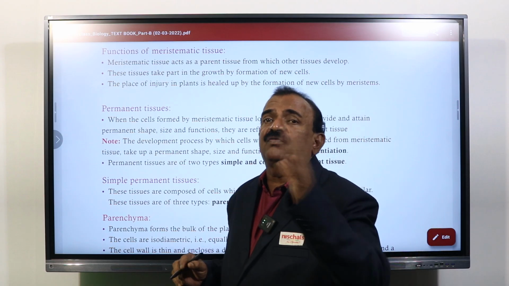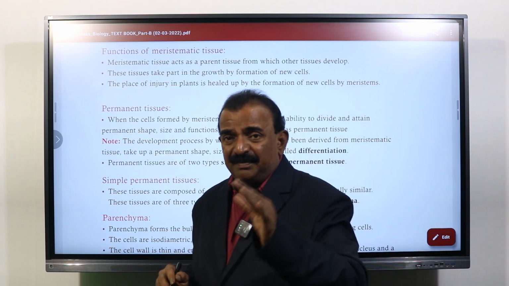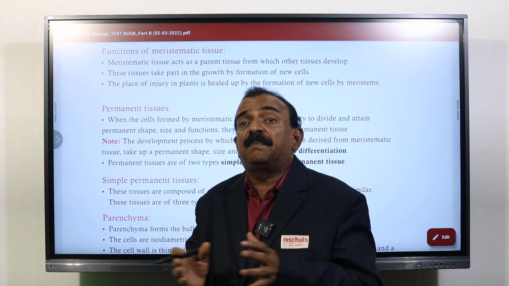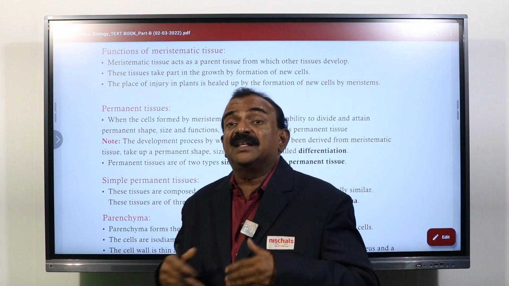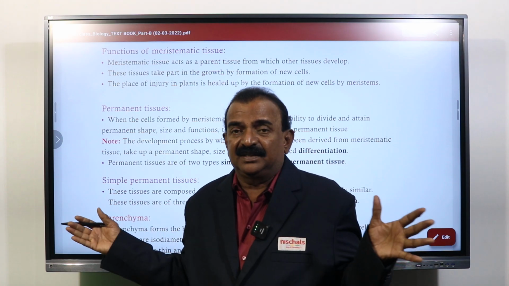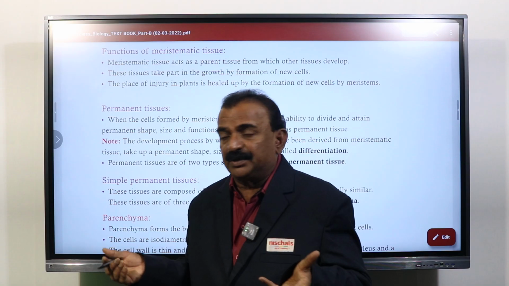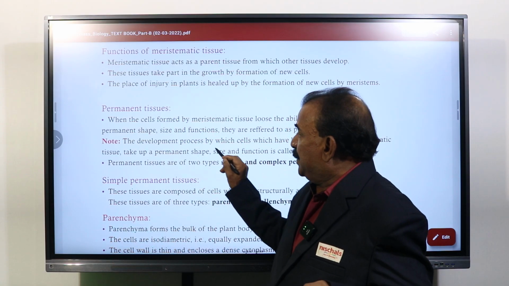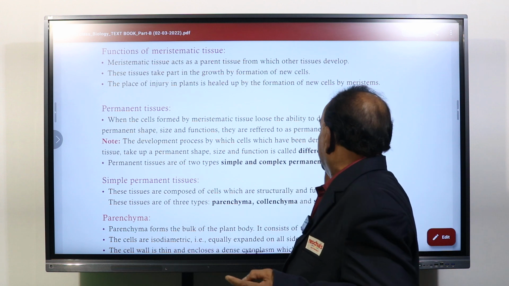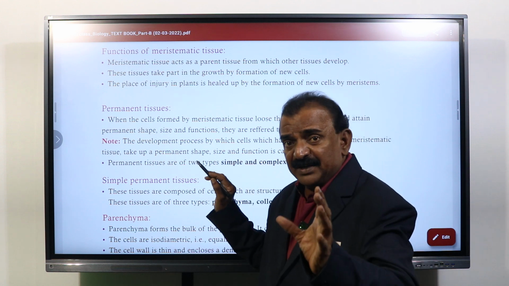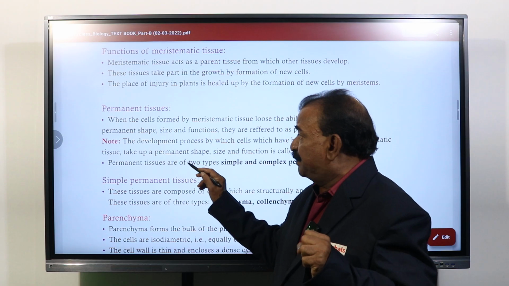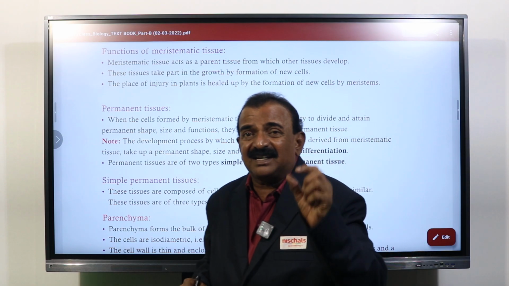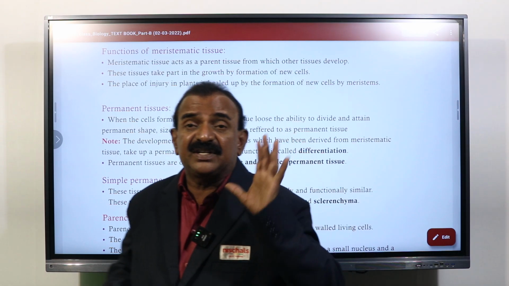Once the cells are formed from the division of meristematic tissues and converted into permanent tissues, they lose the ability to divide. The development process by which cells derived from the meristematic tissue take up a permanent shape, size, and function is called differentiation.